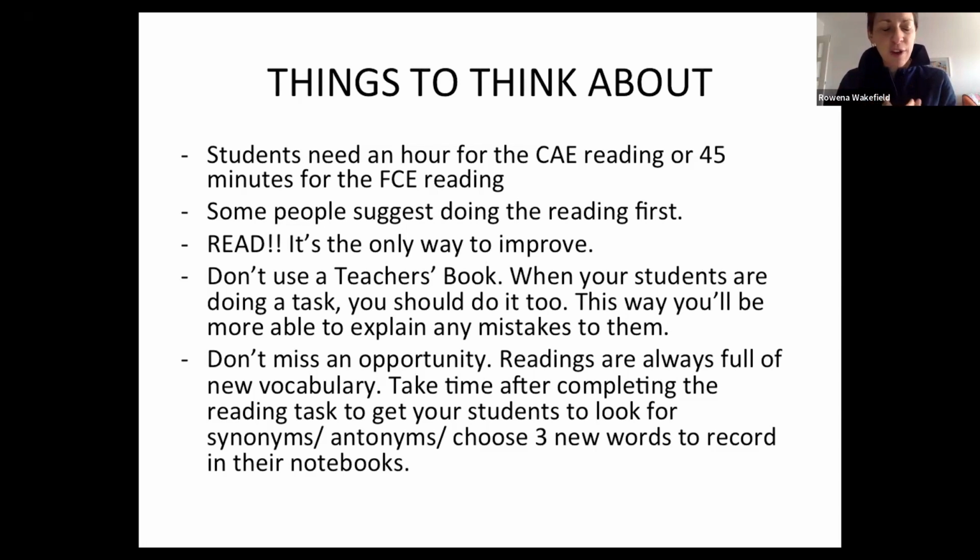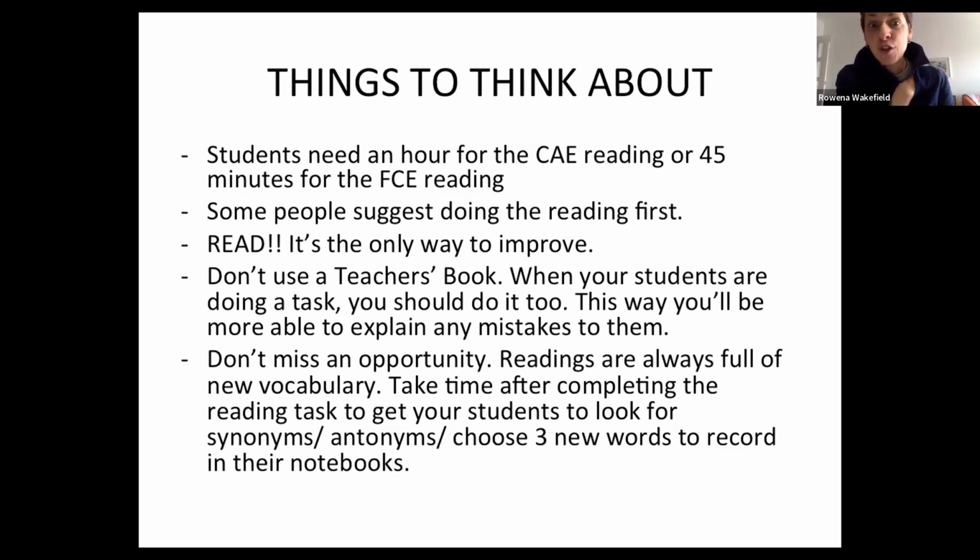There's loads of graded readers, which are a really great way of practicing reading. If they have an ebook, it's really useful because they can just press the word, they get a definition if they want. So it can be more enjoyable. So yeah, reading as much as you can, encourage them to do it.